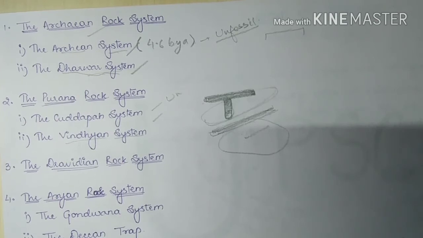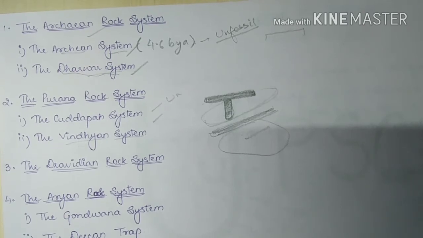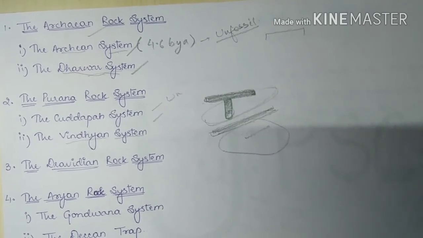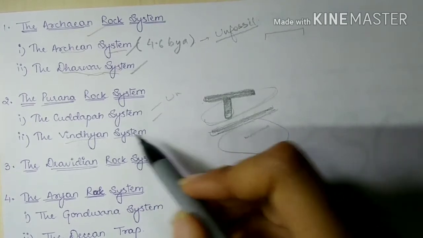Okay, historical buildings. Now these series are divided into three groups. The Vindhyan system has three groups.